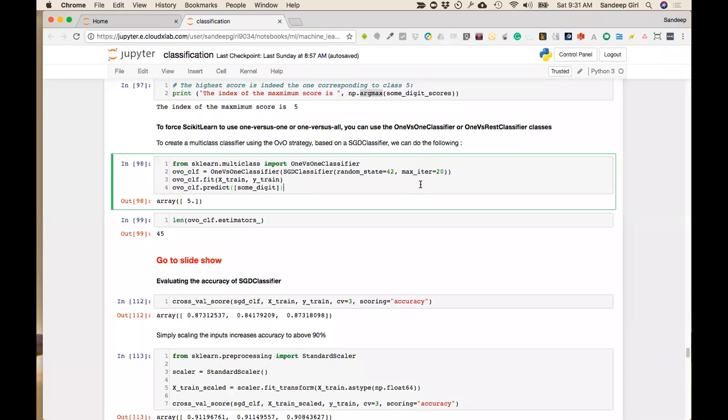There is no straight way to figure out the max iterations. A better way would be when I talk about the SGD classifier in detail in the next class on training models. Then I'll come back to max iterations.